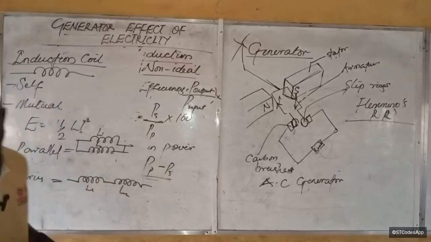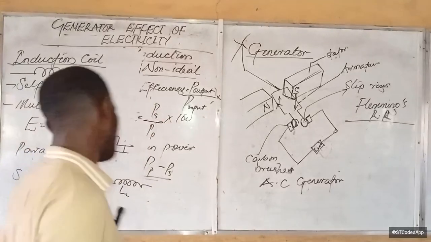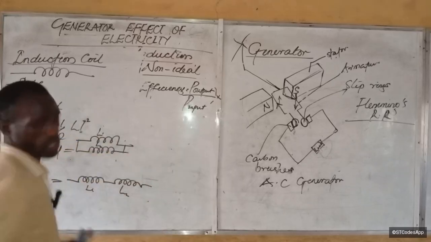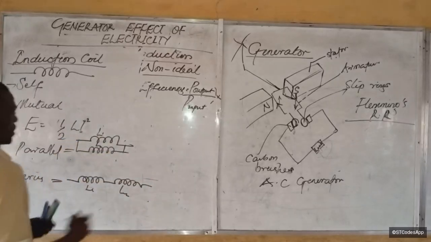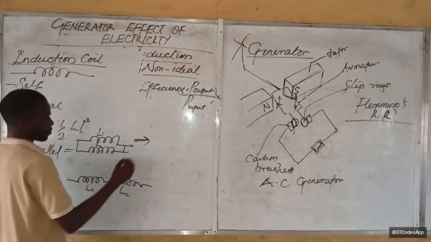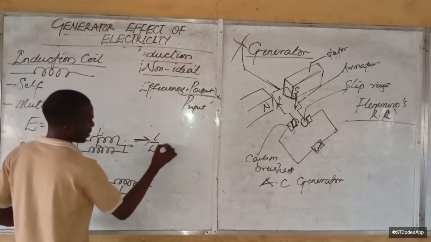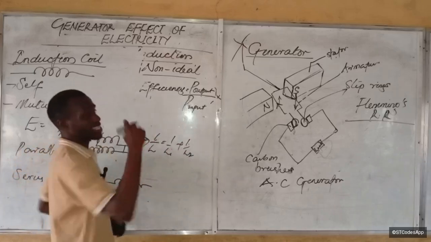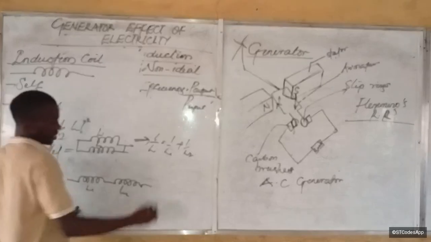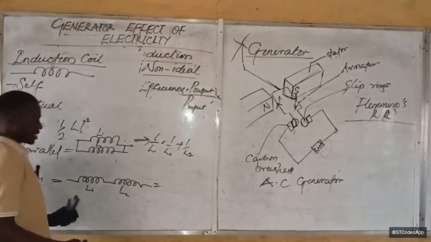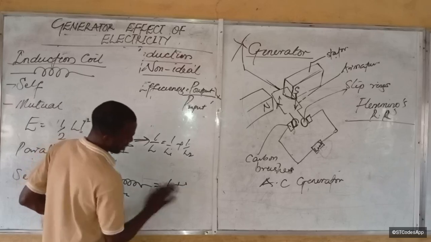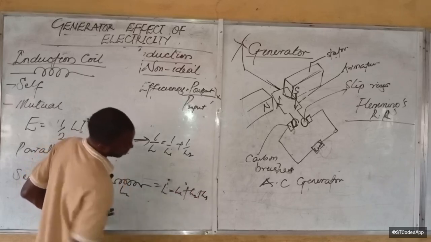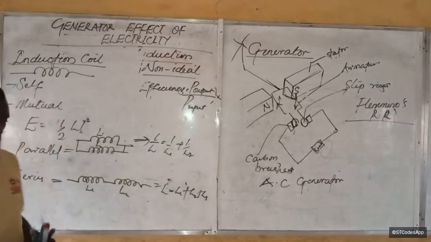To calculate the total inductance in parallel, 1/L equals 1/L1 plus 1/L2 plus 1/L3, and so on. And in series, L equals L1 plus L2 plus L3, and so on.